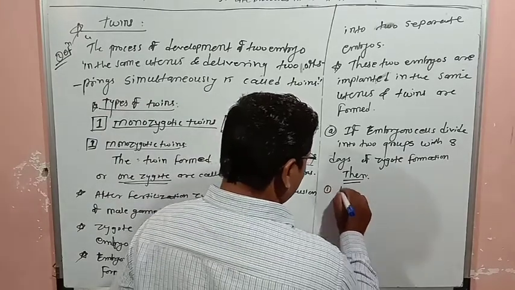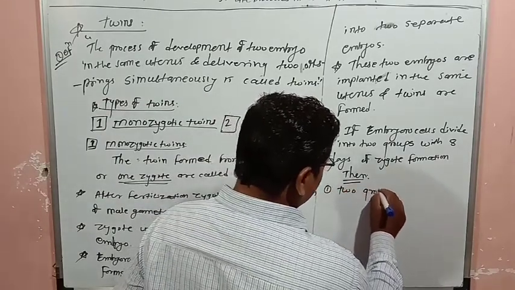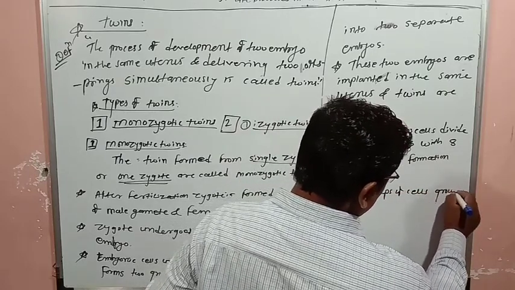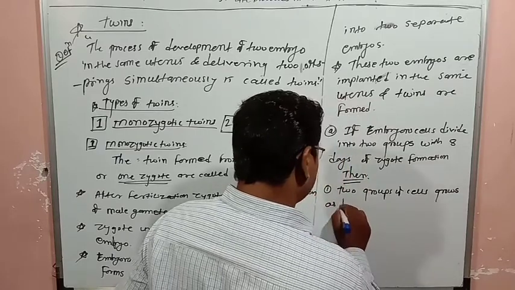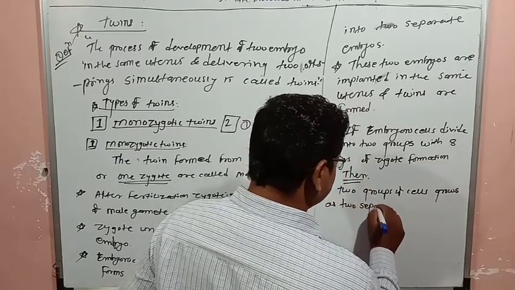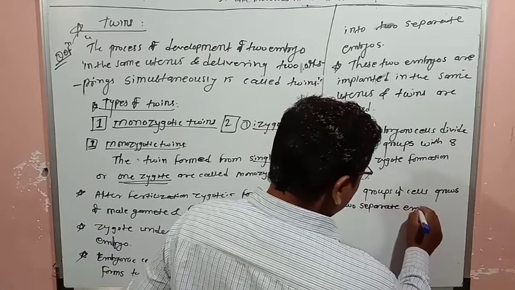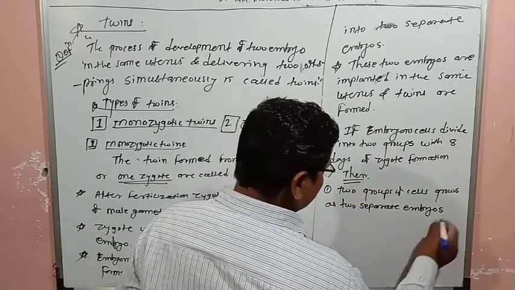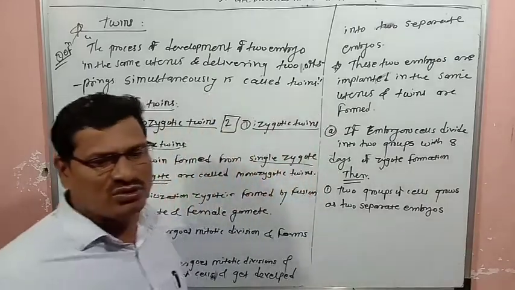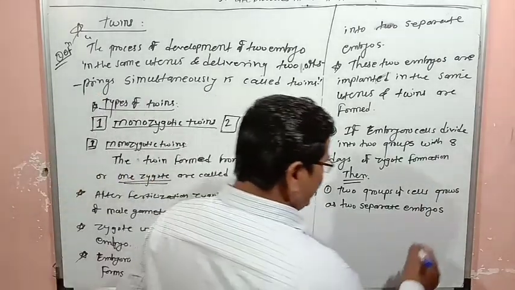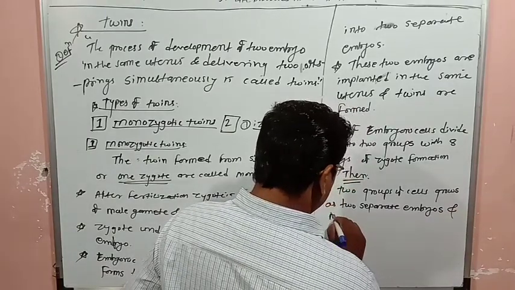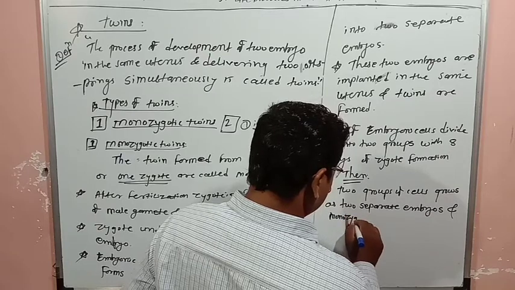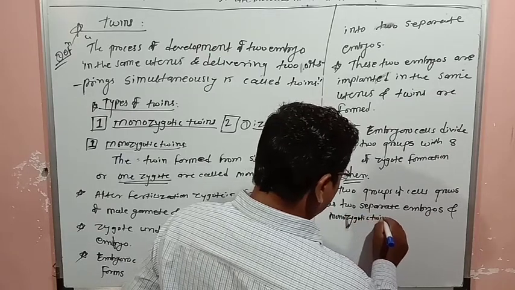First, two groups of cells grow as two separate embryos, and monozygotic twins are formed.